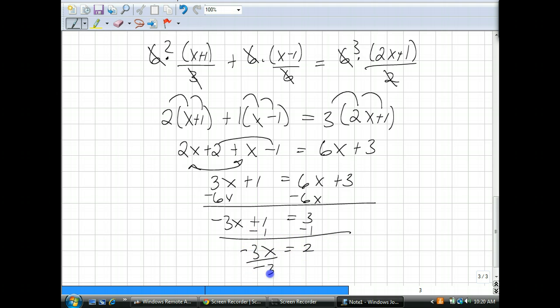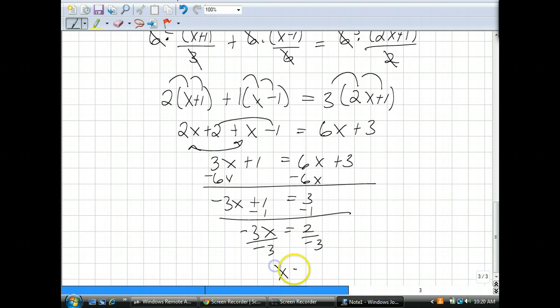And divide by negative 3. Okay, so our solution is negative 2/3. So negative 2/3 is the one value of x that will make that equation true.